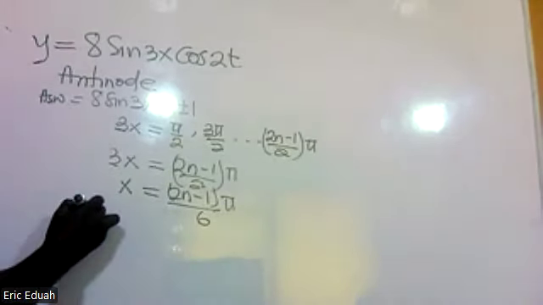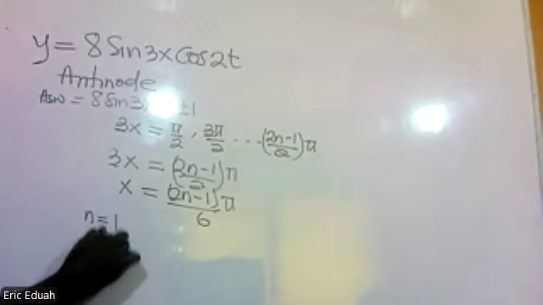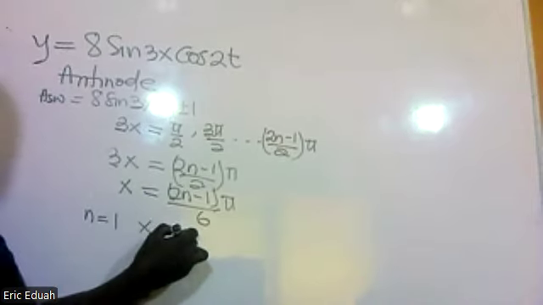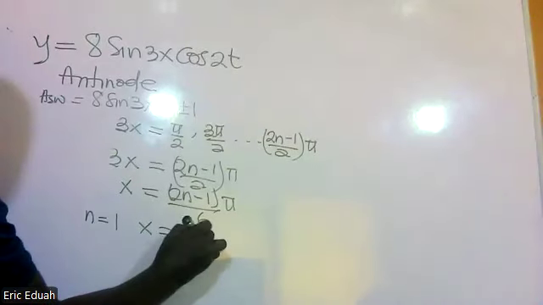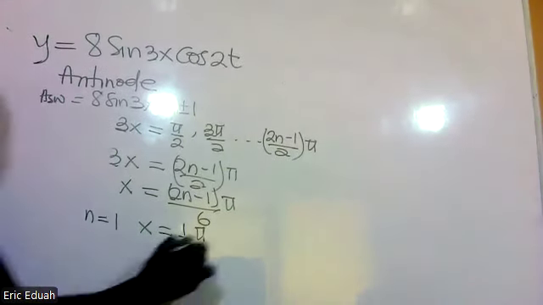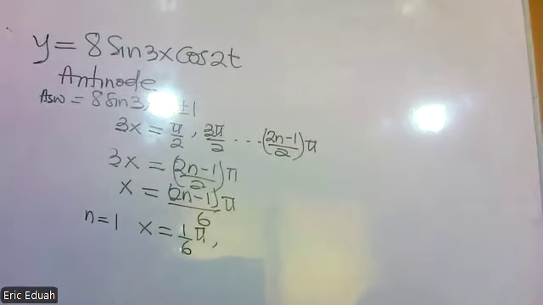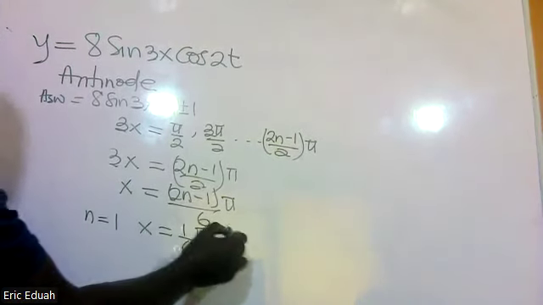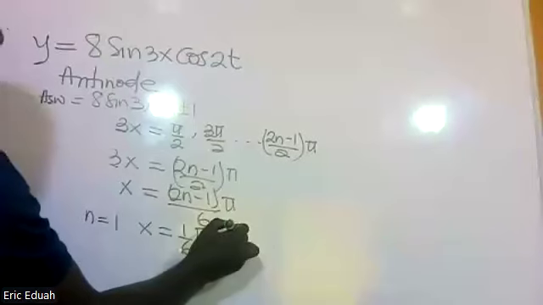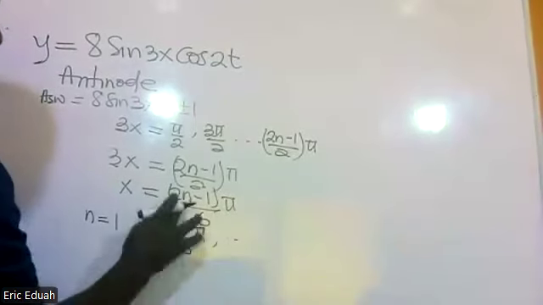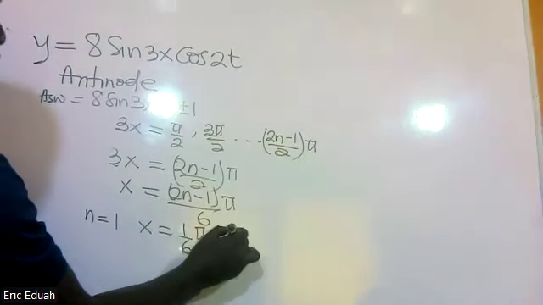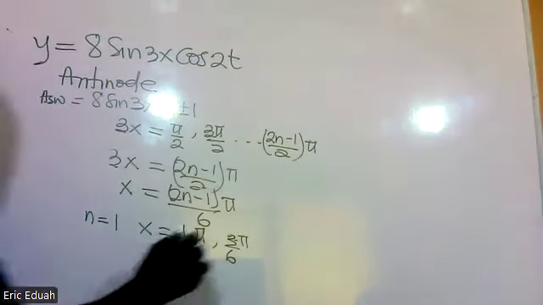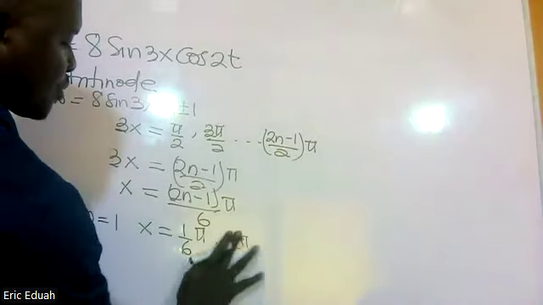So if n is equal to 1, x will be equal to 1/6 pi. If n is 2, we'll have 3 pi on 6, which is also equal to pi on 2.